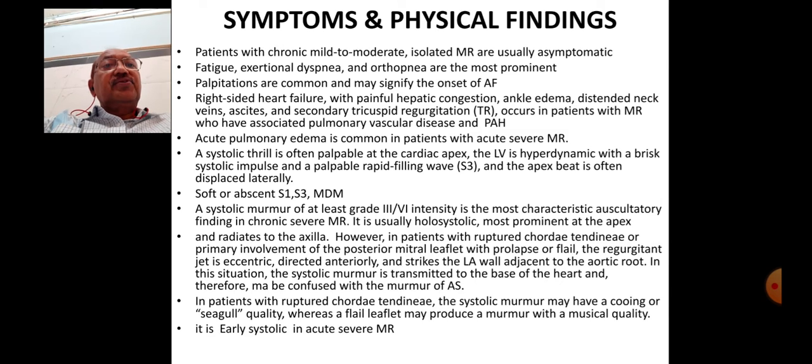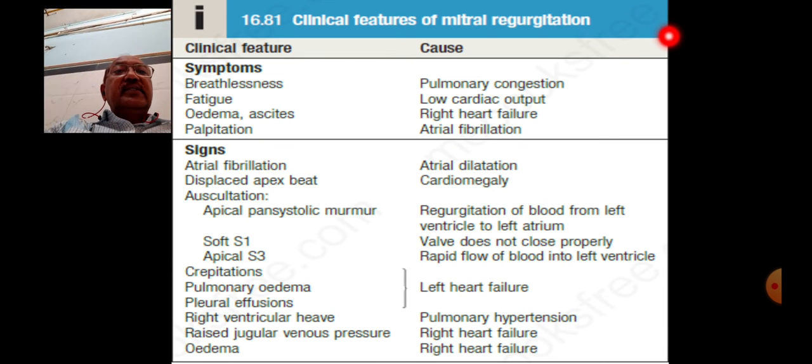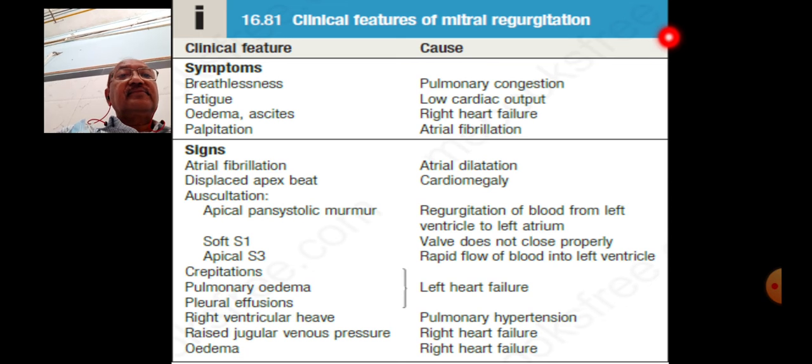The clinical features, of course: breathlessness caused by pulmonary congestion, fatigue by low cardiac output, edema and ascites by right-sided heart failure, and palpitation by atrial fibrillation. Again, the signs: atrial fibrillation is caused by atrial dilatation, displaced apex beat by cardiomegaly.